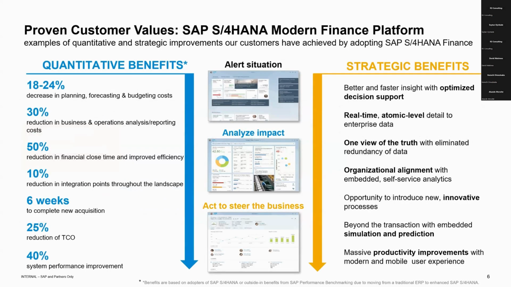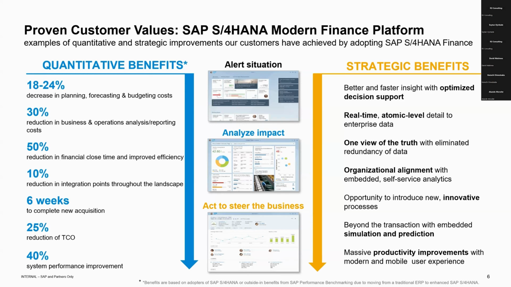If you look at the proven customer value so far in terms of achievements, a lot of companies have recorded an 18 to 24% decrease in planning, forecasting, and budgeting costs, a 30% reduction in business and operation analysis and reporting cost, and a 50% reduction in financial close time.